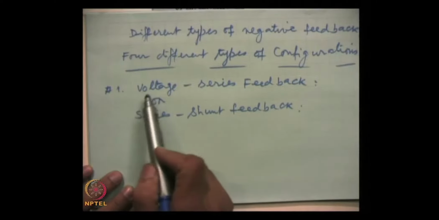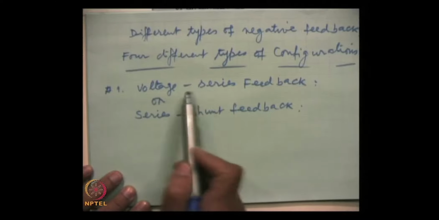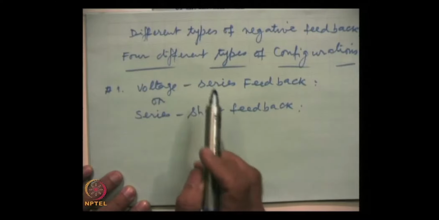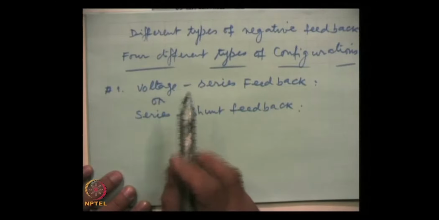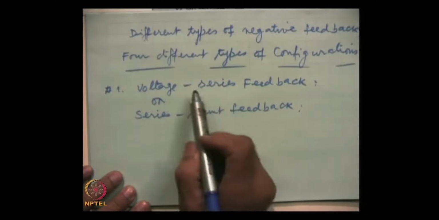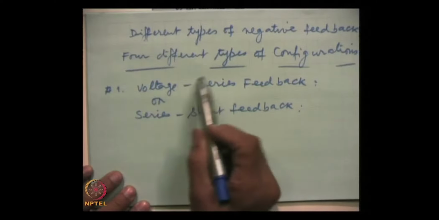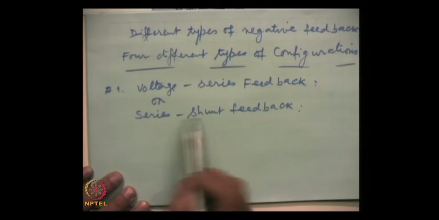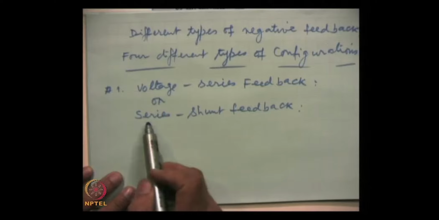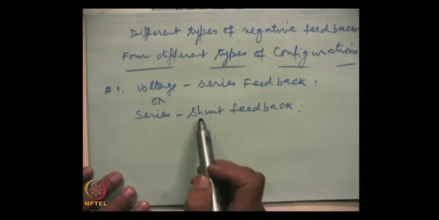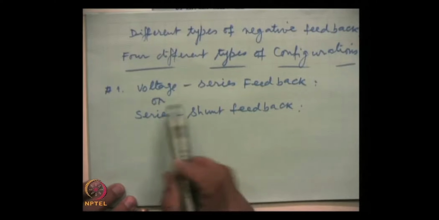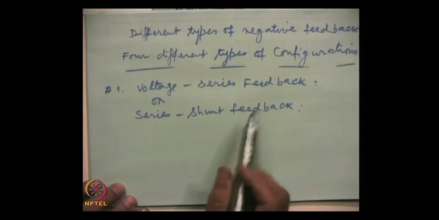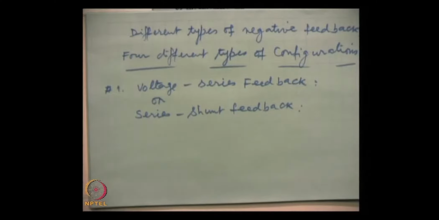So, it is voltage or current feedback, but how we return that signal, how we mix that signal at the input, in series or shunt. So, this terminology, this is for the input side, this is for the output side, while in this nomenclature, this is the input side, this is the output side. Now, for voltage series feedback, this connection is this.